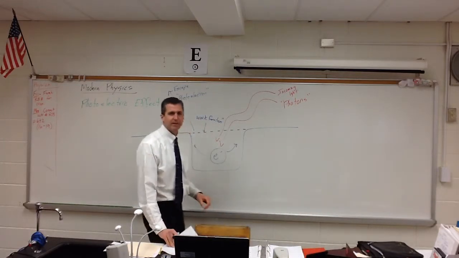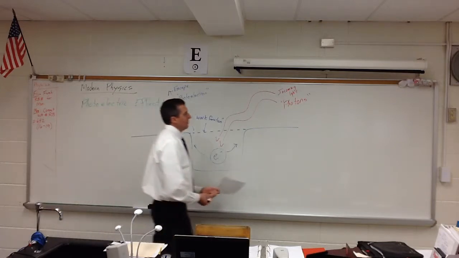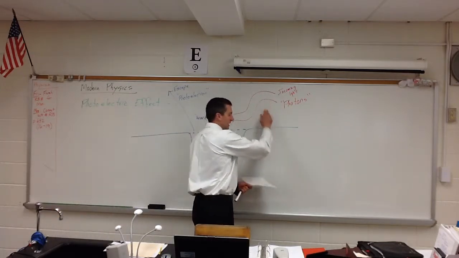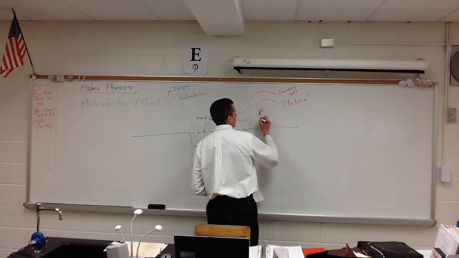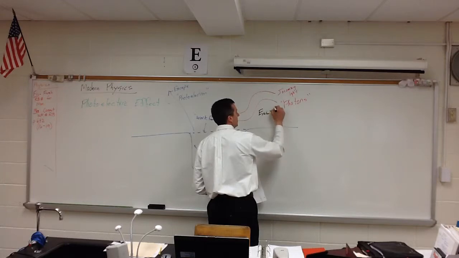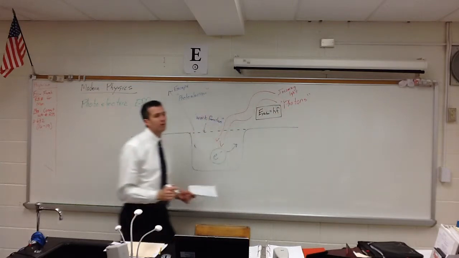Now let's fill in some of the details with the equations that relate. So if you want to know how much light energy is coming in, there's an equation you'll find in your reference table that says energy of a photon is equal to h times f. And that's a reference table equation.